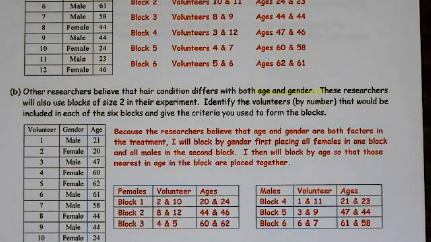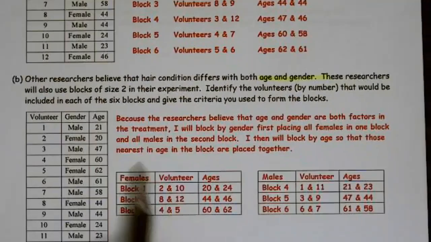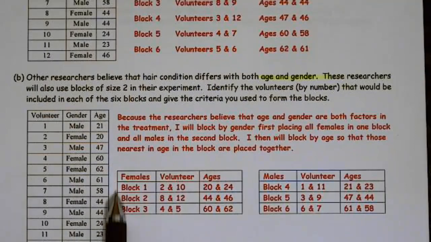So in my females, my youngest female was age 20, so now I'm looking for the next youngest female, and the next youngest female is age 24. The next youngest person overall was 21, but that was a male, so that's going to be in the male block. For the females, we want the youngest females together, and then the older females together, and the same with the males.